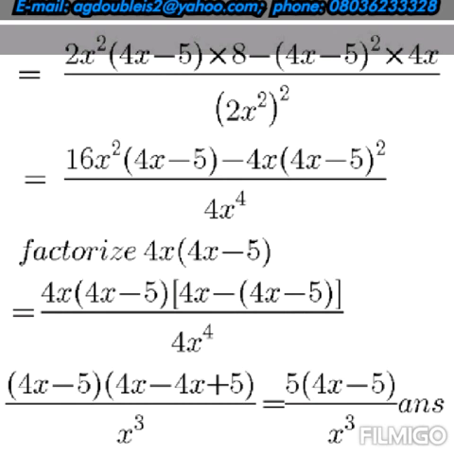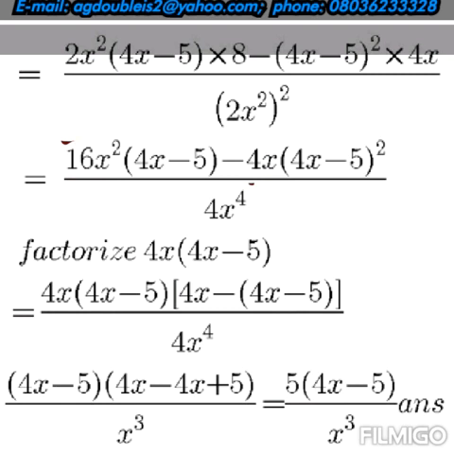Then factorize the numerator. This is where you have to be very, very careful. If you look at the numerator, you can see the 16x squared, you can see 4x. Between 4x and 16x squared, 4x is a factor. So if 4x is a factor, you have to bring it out.